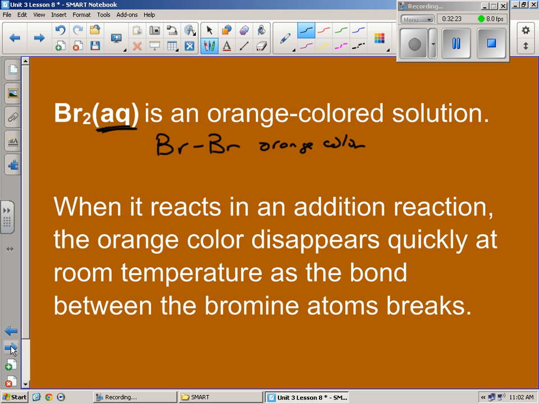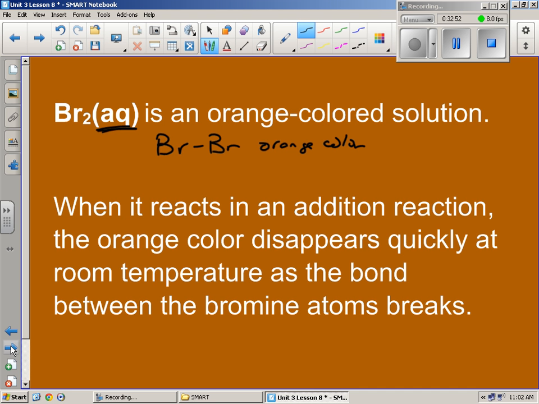So if you add this into a long chain, the Br2 that was linked together and orange is now Br added onto that chain, and that doesn't have a color associated with it. So if it's got a double or a triple bond, the addition reaction will happen quite quickly with bromine, and that color will quickly disappear and become basically clear.